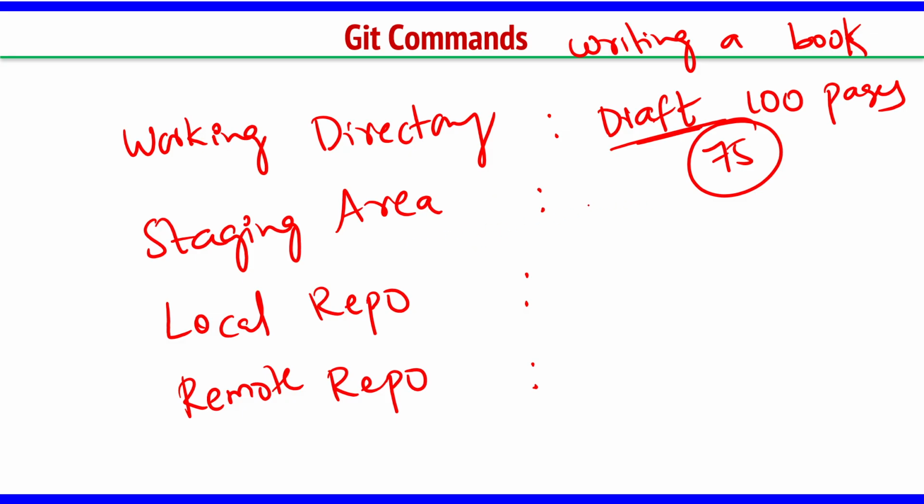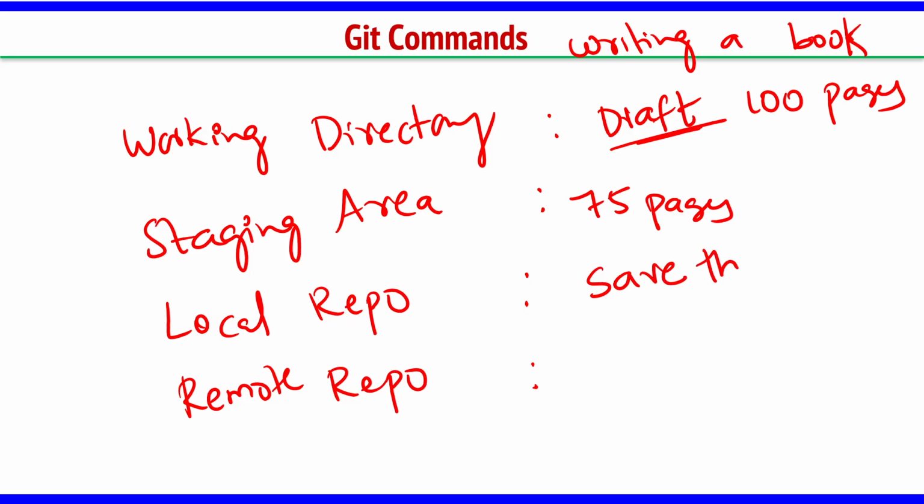So in the staging area you will select those 75 pages. Once you have these 75 pages in the staging area, you will save this draft of 75 pages permanently in the local repository. It means those 75 pages are locked, they are saved nicely.